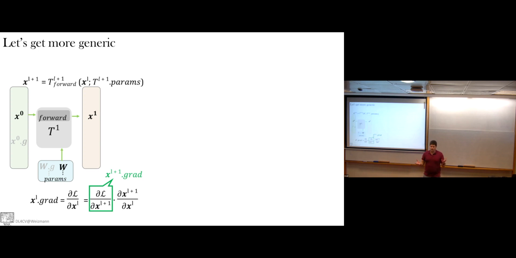So the rule is, when one of you comes and defines a new layer, a new action that I want to use inside a neural network, I also need to define the back transformation. So every such function is going to have its forward method and its backward method.